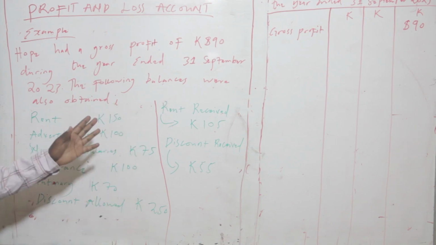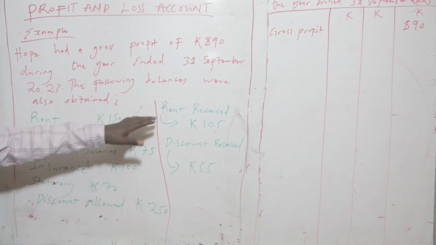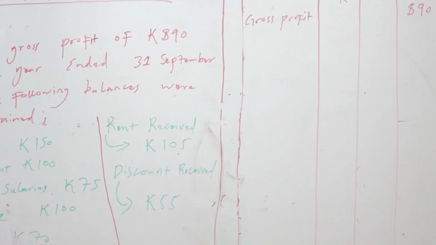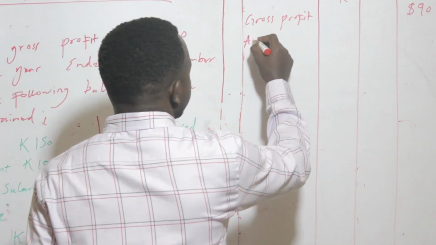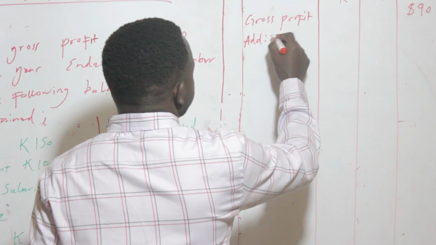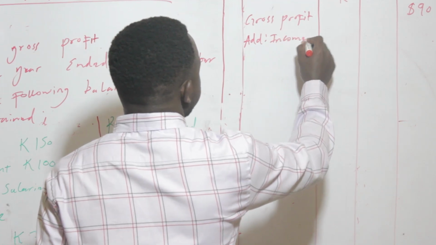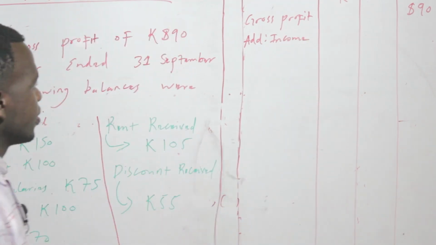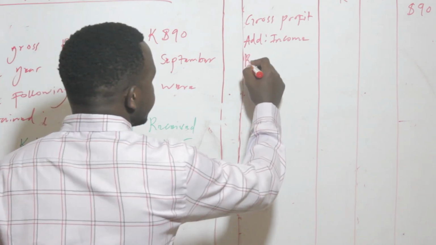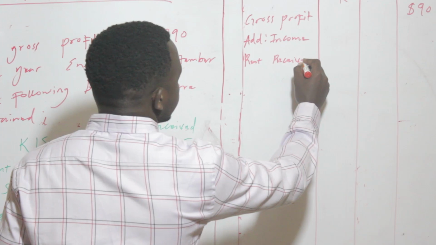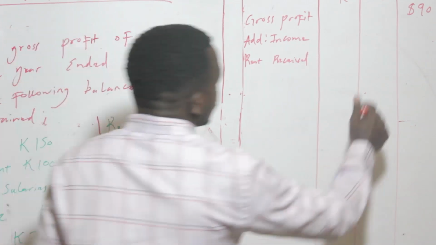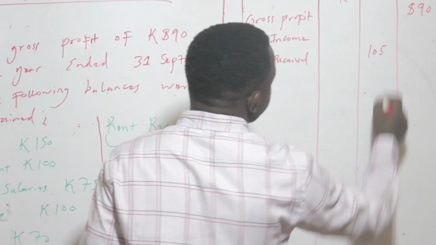Then we have to identify from our question if you're having supplementary income. And we're having additional supplementary income: rent receipt and discount receipt. So we are going to say add income. So the income that we're having, we have rent receipt amounting to 105.